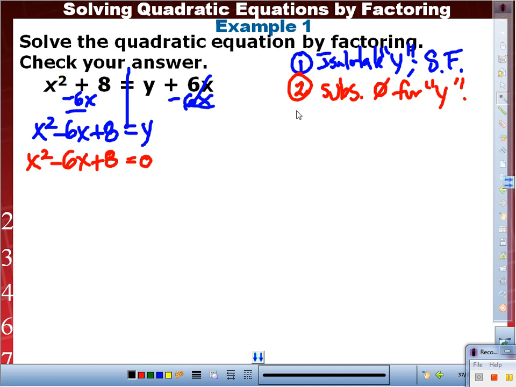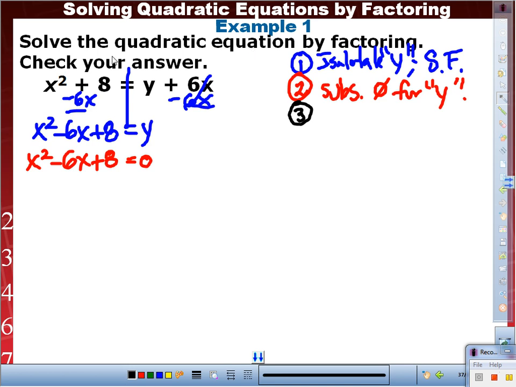I'm going to change to black, and that's step 3. So step 3 is a little bit more lengthy, so I need you guys to stay focused till I finish, and then I'll let you know what to copy. So writing utensils down, look up to the screen. Here it goes.